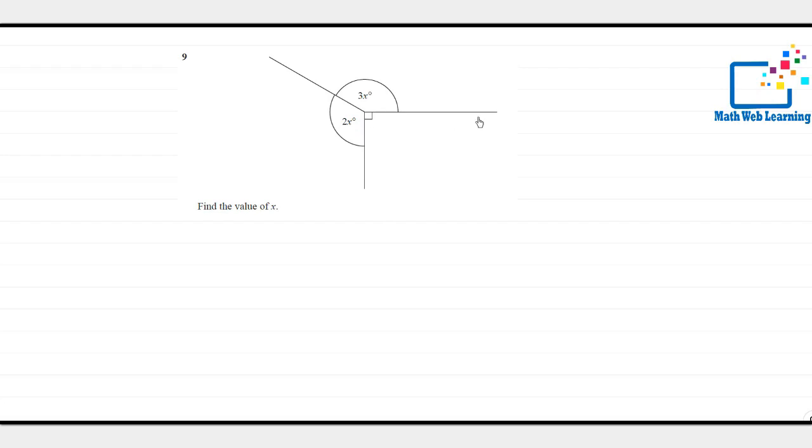So basically we're going to have to do the equation 2x plus 3x plus 90 equals 360. So this is 5x. And then we minus the 90 from both sides because I want to solve it for x and find the value of x.